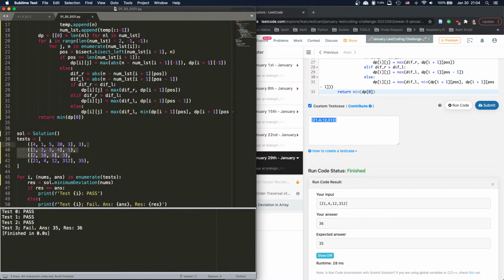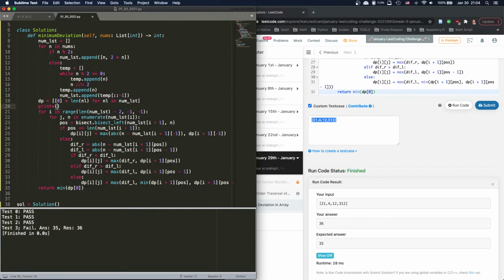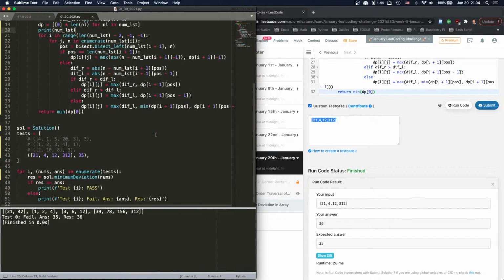Yeah, we have this error. To analyze this, we first need to print the numlet for sure. See if the numlet is correct. So we have this. We'll be dividing: 12, 6, 3, 4, 2, 1, 1.2.